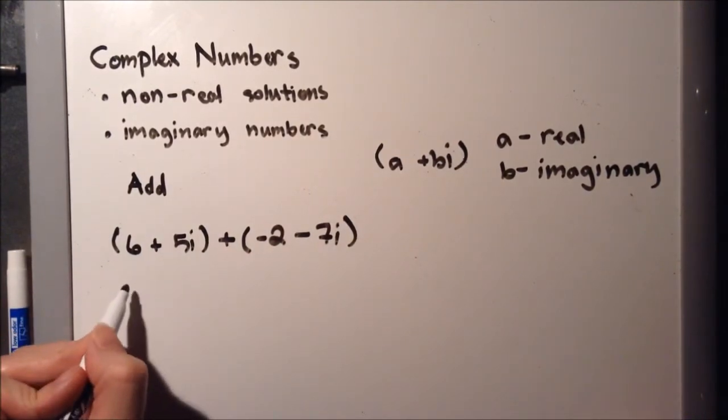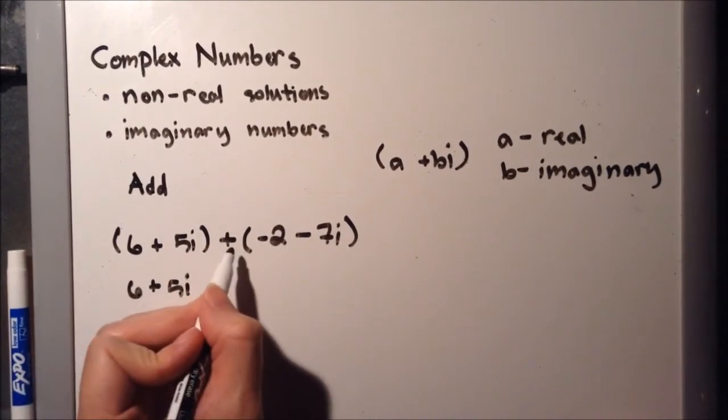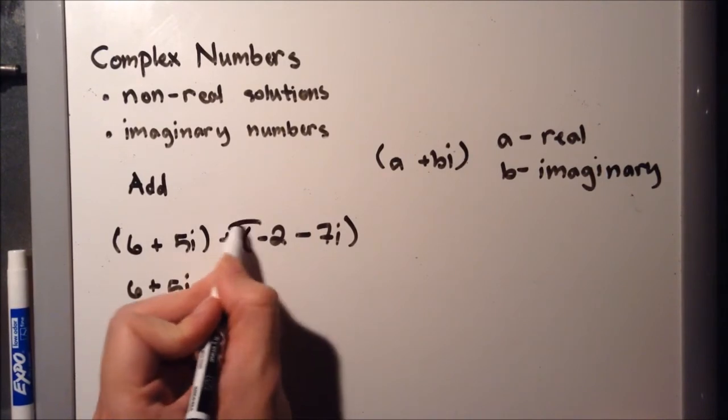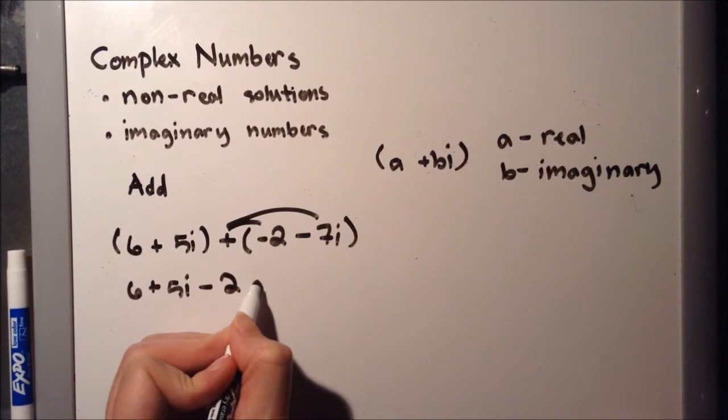So 6 plus 5i, since it's plus, and if I were to distribute, it would become negative 2, negative 7i.